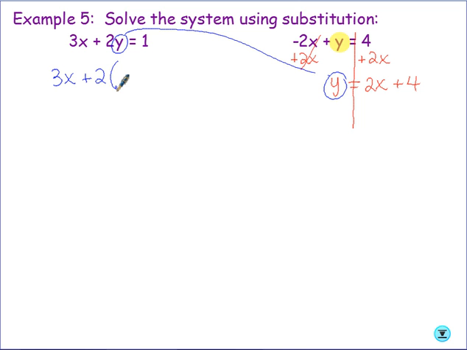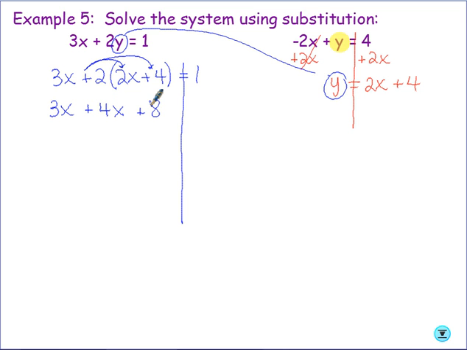In parentheses, we write 2x plus 4 equals 1. Time to solve. Keep 3x, distribute. 2 times 2x is positive 4x. 2 times 4 is positive 8 equals 1.